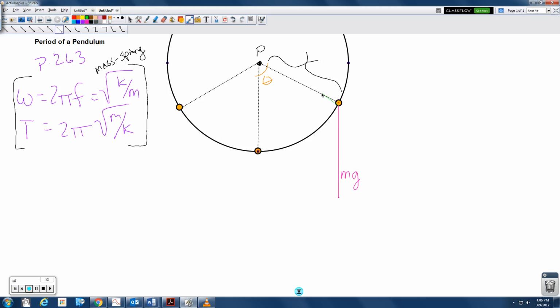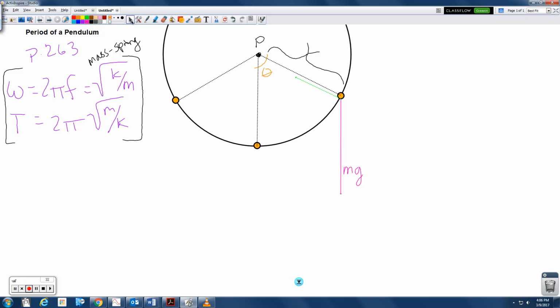Here is the tension. Let's just delete it and draw it in pen. So we have some tension that's right along here towards the center, and we can just call that F sub T to make clear that it's not just T, which we're also using for the period.